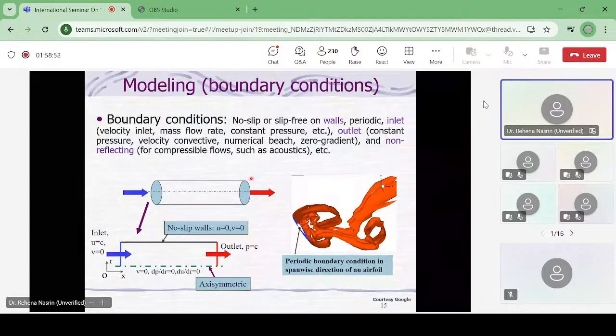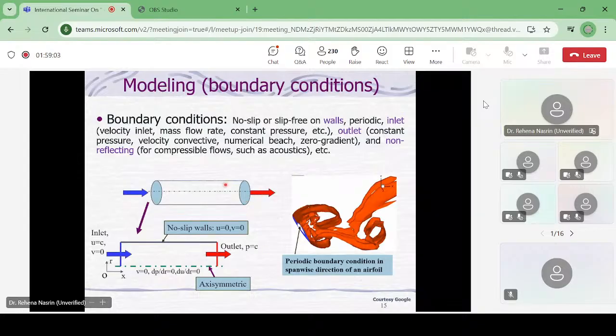And this is a three-dimensional phenomenon, but if we cut this domain along the horizontal axis, then we can draw it like this, a rectangular part. So the middle line is the symmetric line, axisymmetric line.